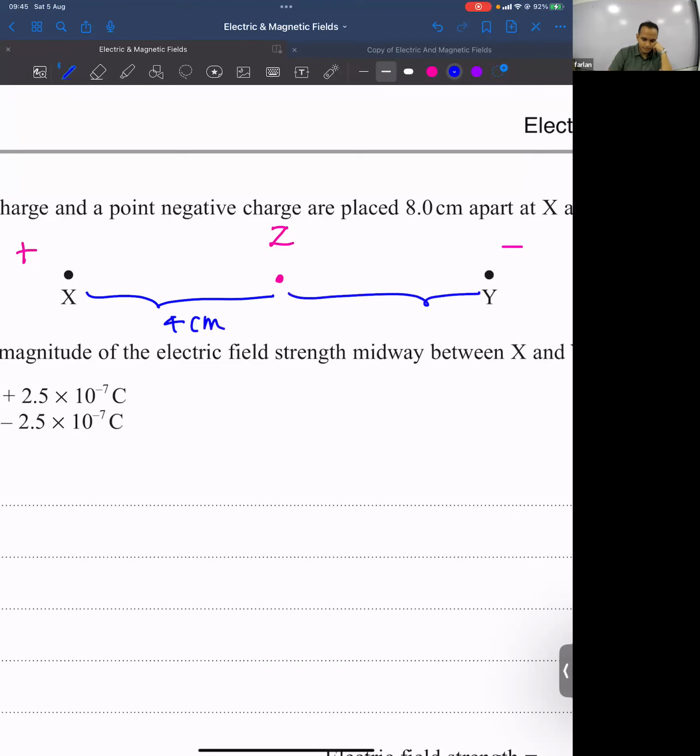Z to Y is 4 centimeters. Z is the midpoint between X and Y.